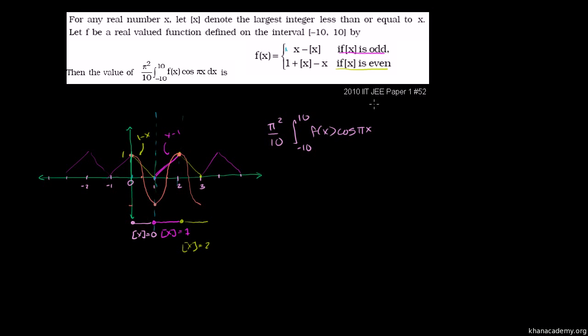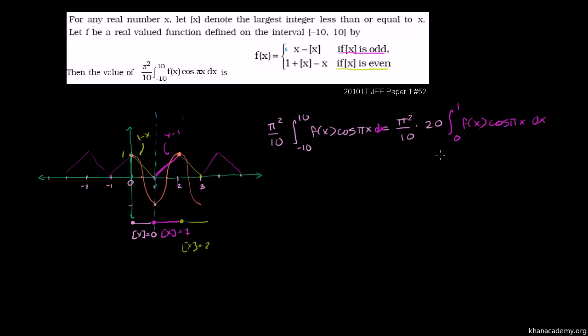Using the logic we just talked about, this is going to be equal to pi squared over 10 times 20 times the integral from 0 to 1, because we have 20 intervals of length 1 between -10 and 10. So times 20 times the integral from 0 to 1 of f of x cosine of pi x dx. I forgot to write the dx over there.